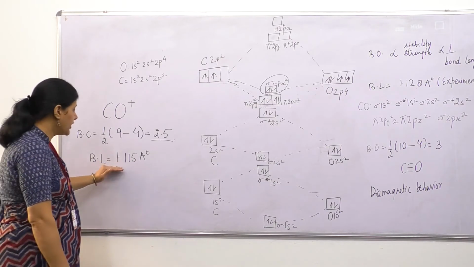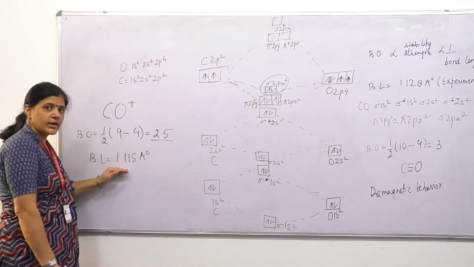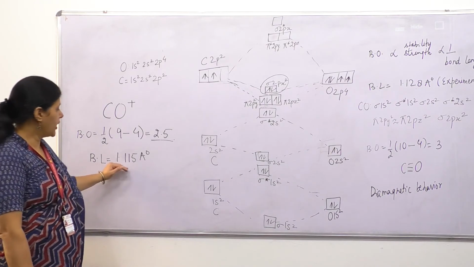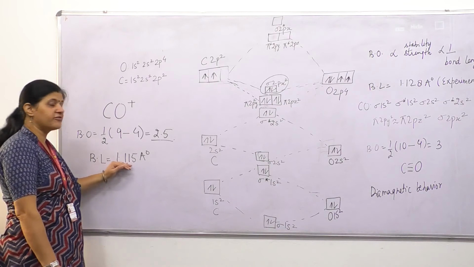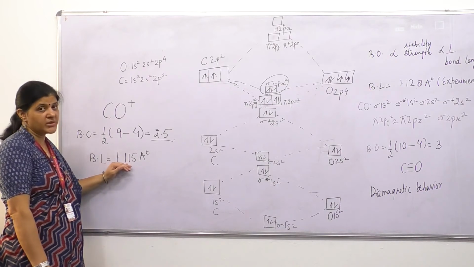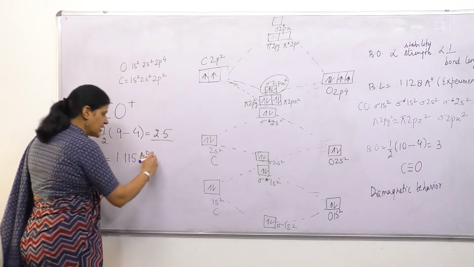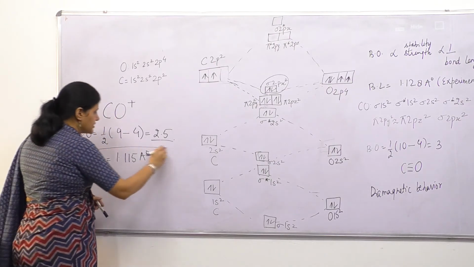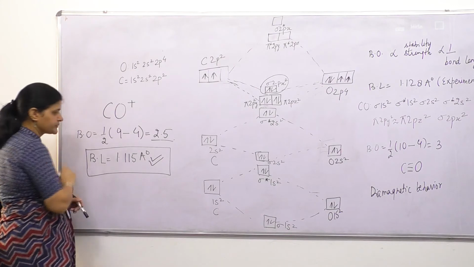But the bond length has decreased. Earlier the bond length was 1.128 angstrom and now bond length is 1.115 angstrom. It means that this data is correct. This is experimentally determined. This value is correct.